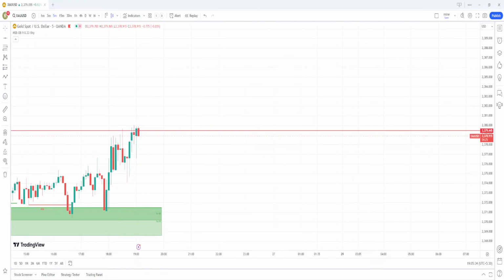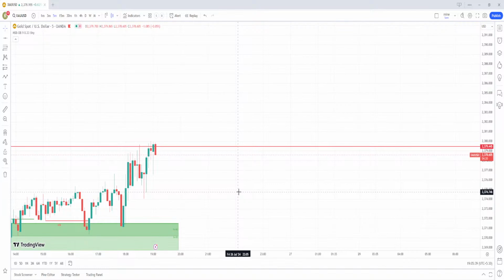So the price is going to break the price levels. Until then we are going to wait to take this trade.